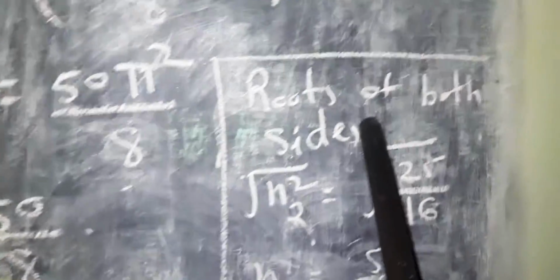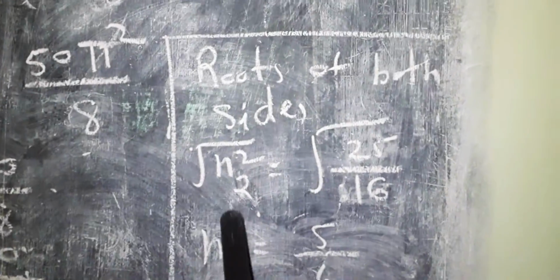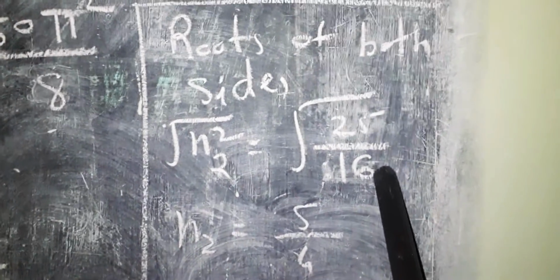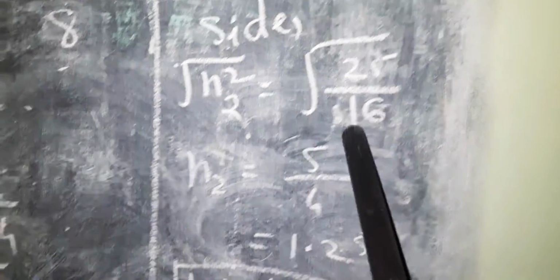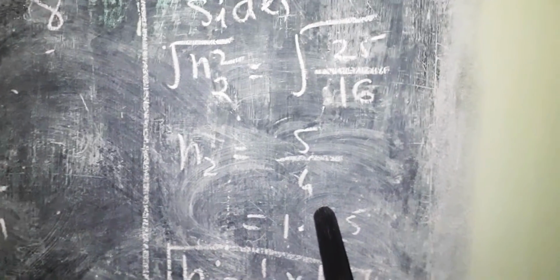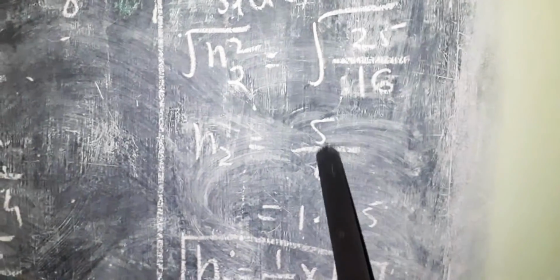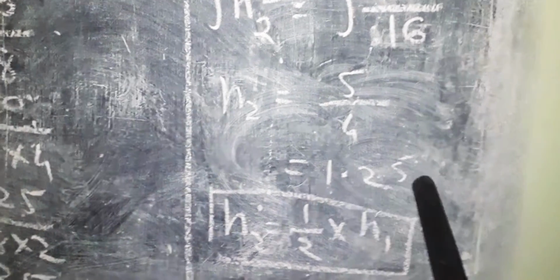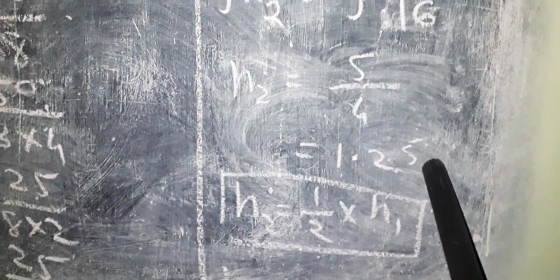So taking roots of both sides, we get under root n2 square is equal to under root 25 upon 16. A perfect square will come outside. So 5 upon 4. 5 square is 25, 4 square is 16. So we get n2 is equal to 5 upon 4, or 1.25.